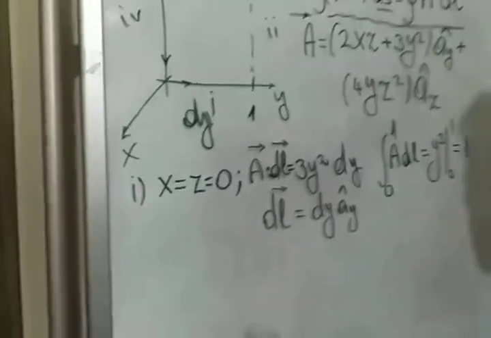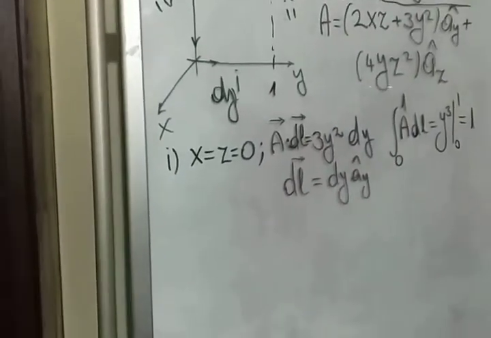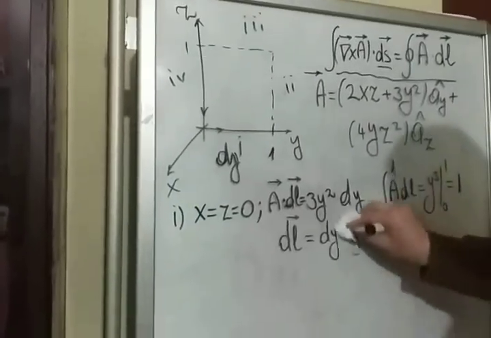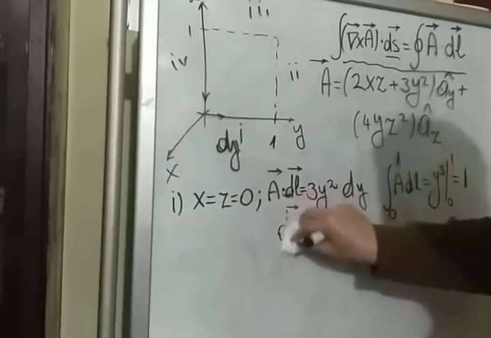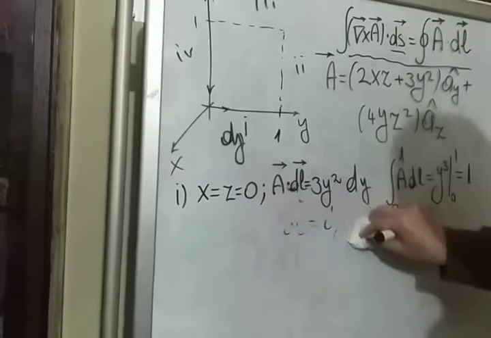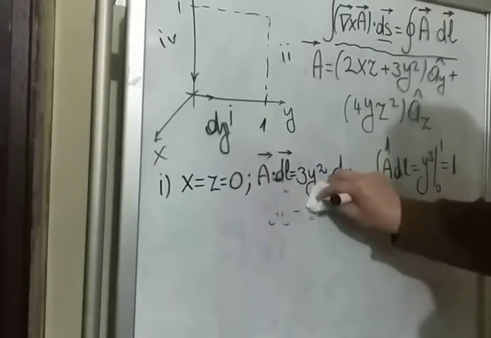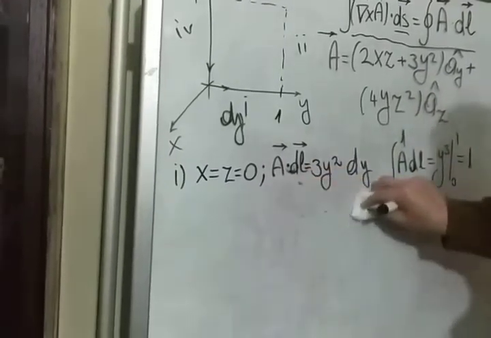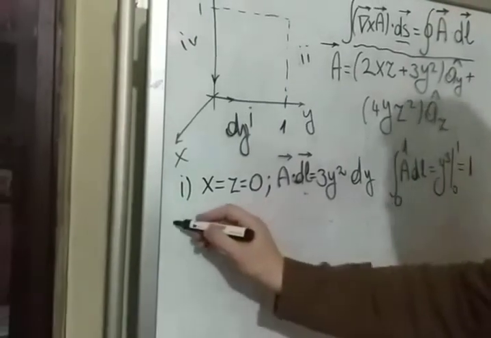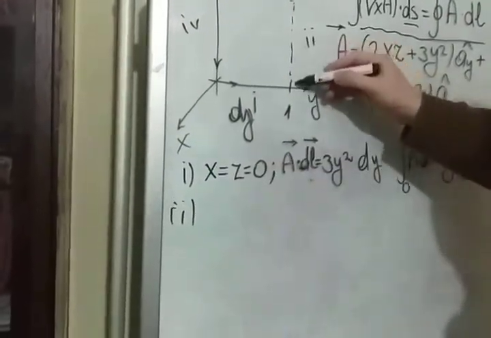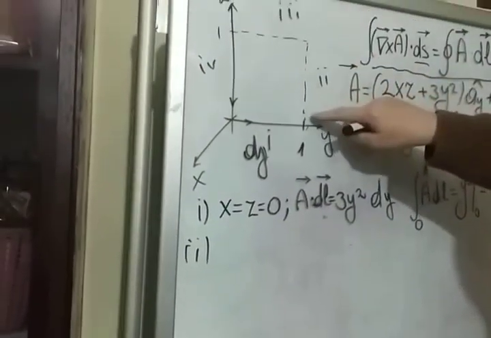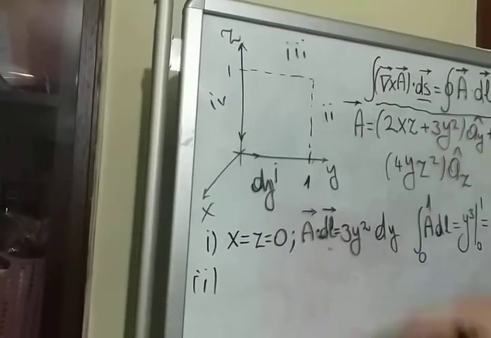Then we go to the second line integral, and here we have the second path. Over the second path we are talking about this one, and here we have x is 0 and y is 1.